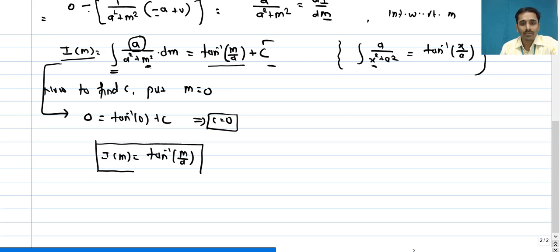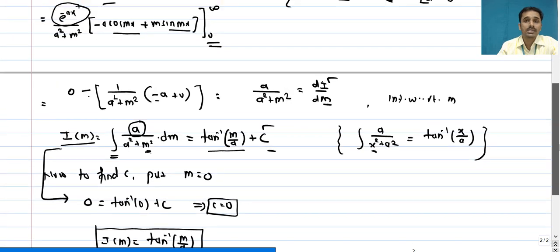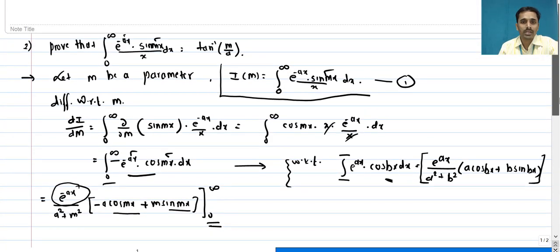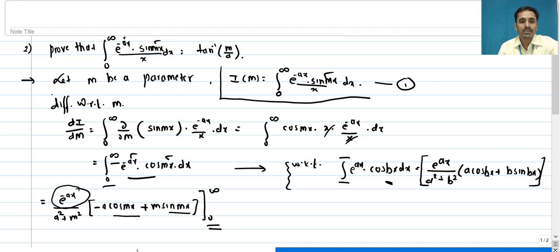So dear friends, we learned here how to solve an integral using the DUIS concept. When it is not easily solvable, you can use the DUIS concept to solve it easily. So let's revise the important steps. First, we have to fix the parameter and call the given integral I of that parameter.